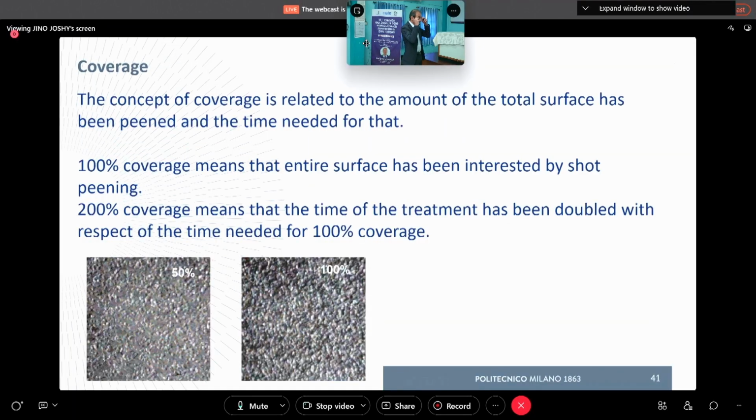And let's talk about the coverage now. Okay. Coverage is the other parameter.